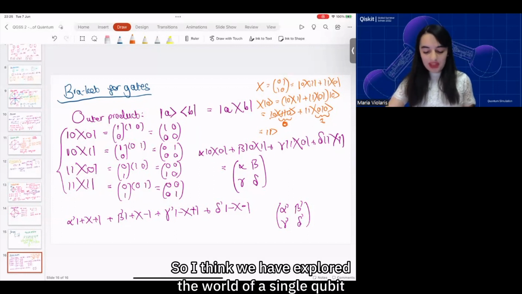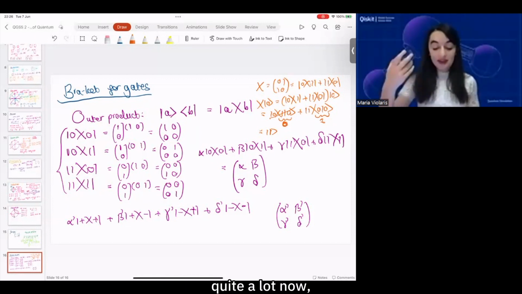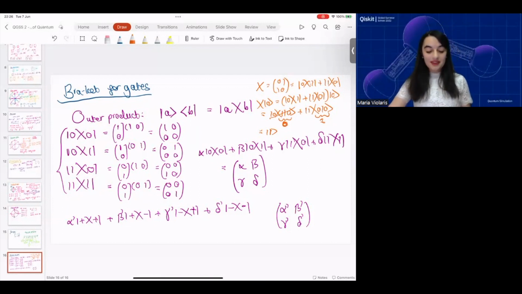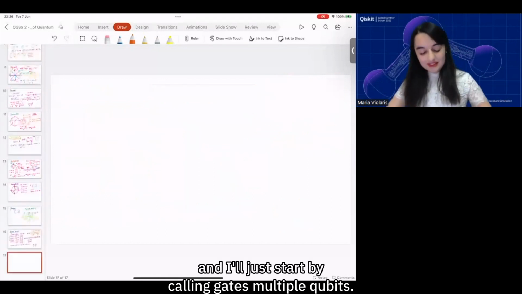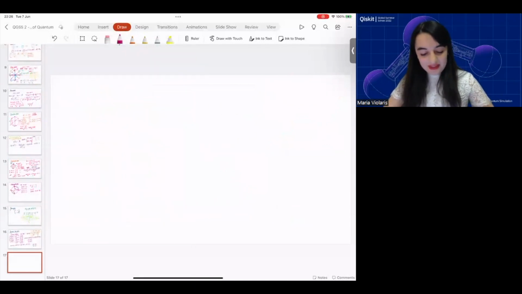So I think we have explored the world of a single qubit quite a lot now, and we're ready to move on to multiple qubits. So let's create a new slide, and I'll just start by calling it multiple qubits.